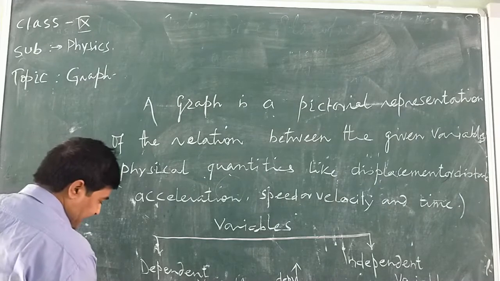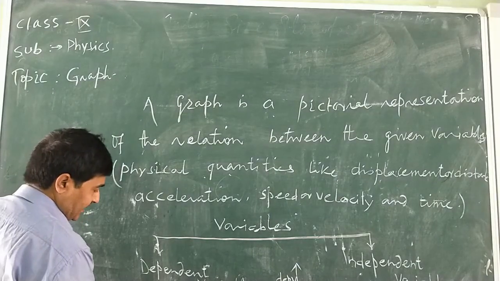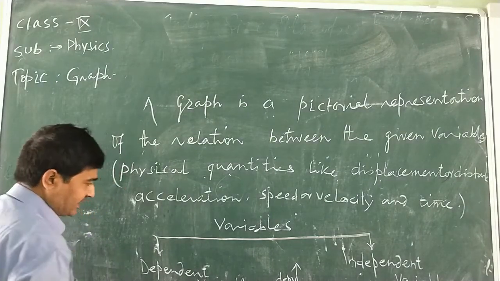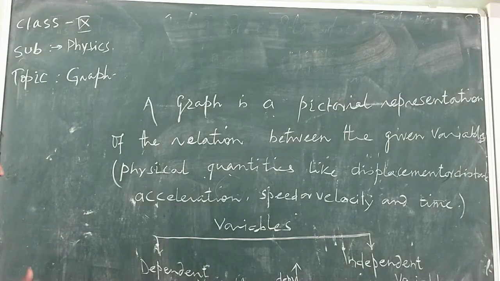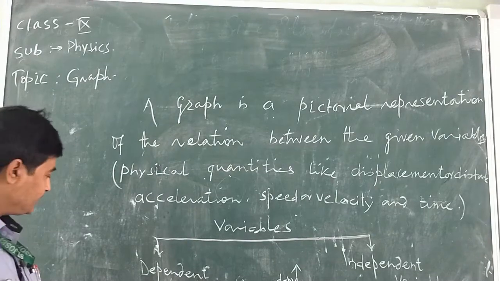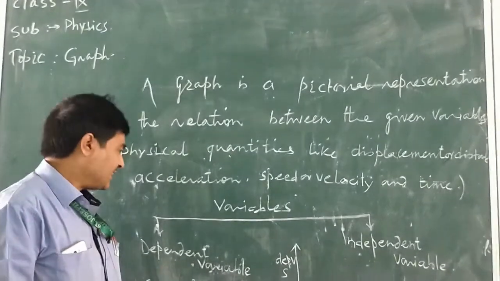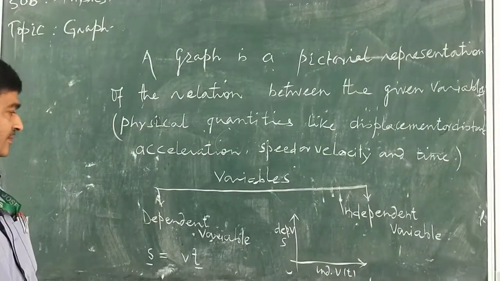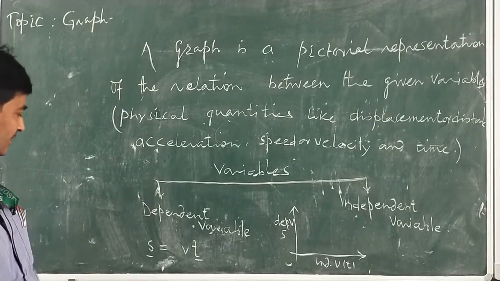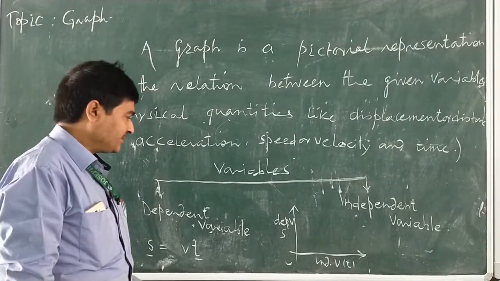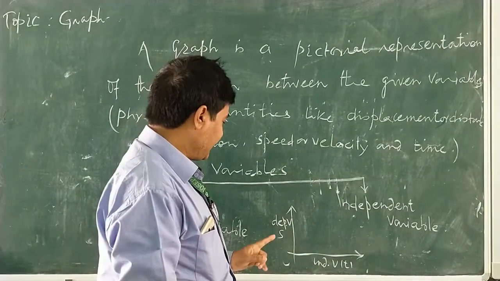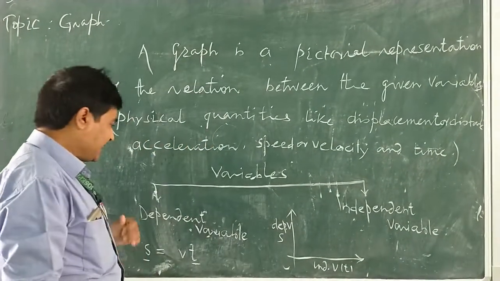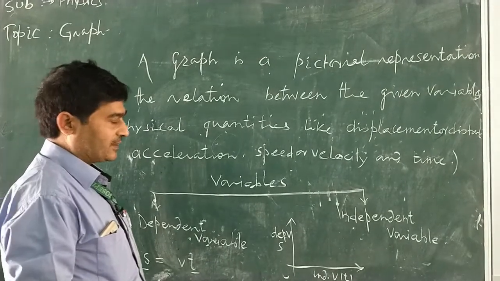Here s is a dependent variable which will depend on the other variable t, that is, the distance the body travels depends on the time taken. More the time elapsed, more the distance traveled. Here t is an independent variable and s is a dependent variable.